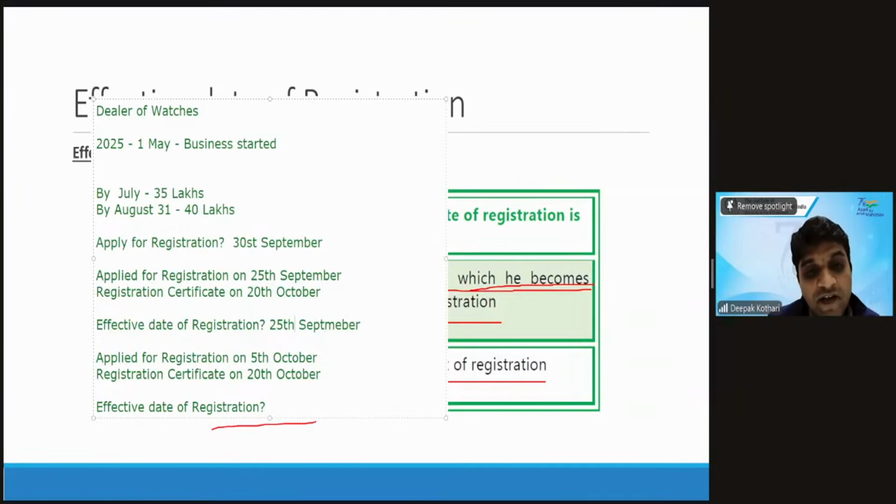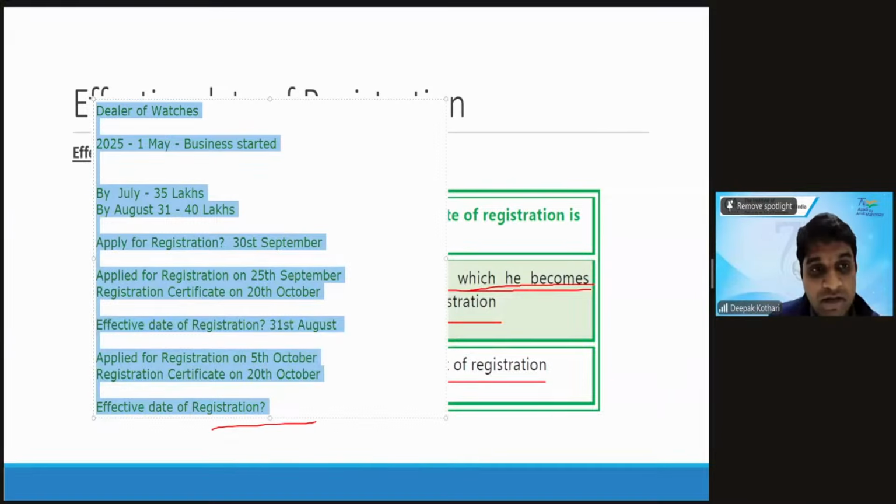Right. Sorry, my effective date of registration will not be 25th September. In this case, it will be 31st August itself, because I have applied on time, right? If I've applied on time, I will get the benefit.